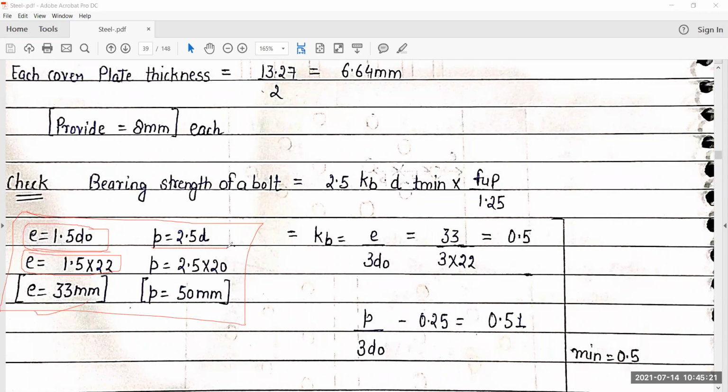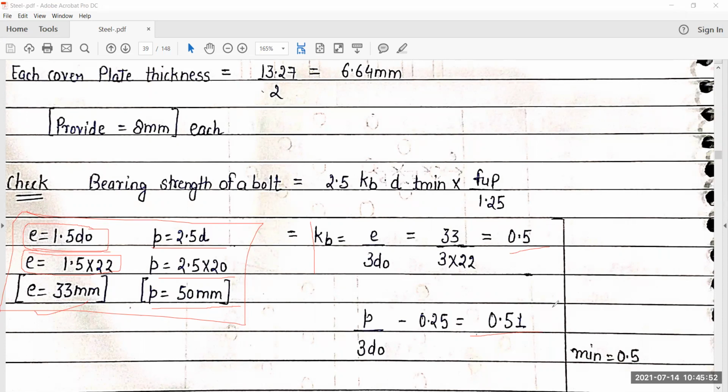Then p equal to 2.5 d, so 2.5 into 20 is equal to 50 mm. Now we discuss the kb. kb is e upon 3 d naught equal to 33 upon 3 into 22 equal to 0.5. Then p upon 3 d naught minus 0.25 equal to 0.51.